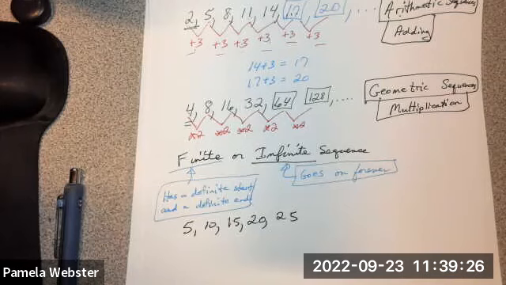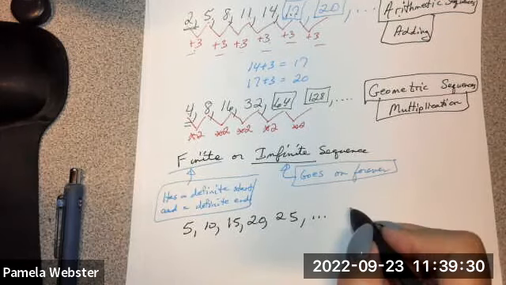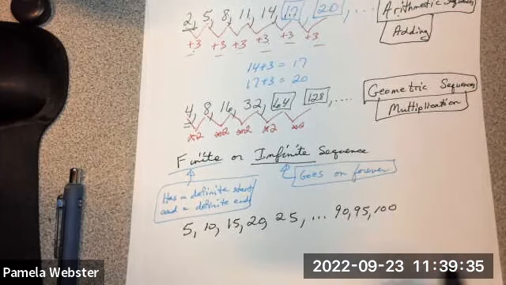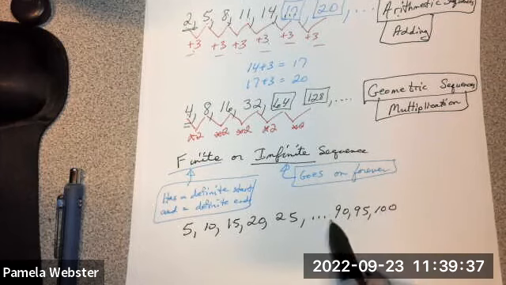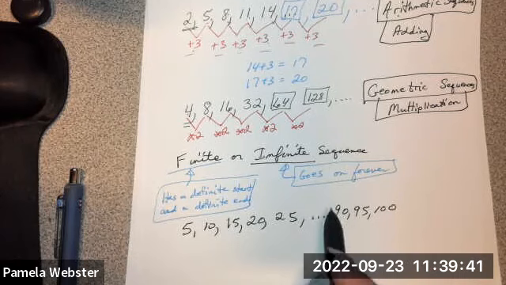If instead of stopping, I had gone to 90, 95, 100, even though this has the dot, dot, dot in there, it's called an ellipsis, it is still a finite sequence.